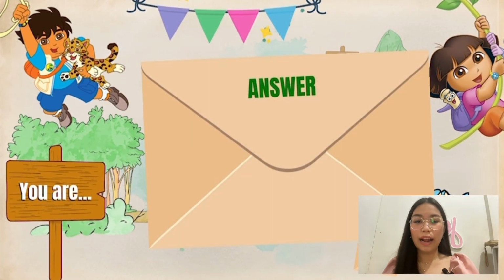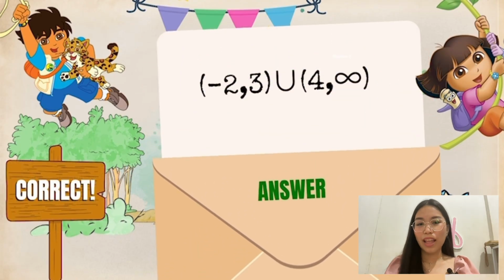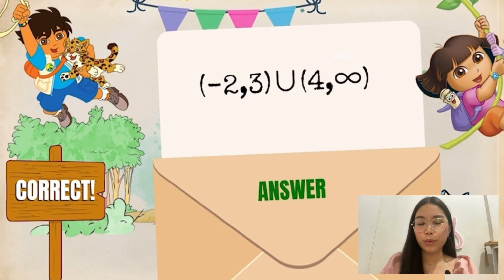Let's see if our answer on the last equation is correct. It's correct. Can you read our answer? I'll give you time. That's right. Our answer is from negative 2 to positive 3 exclusive, union positive 4 exclusive to positive infinite.